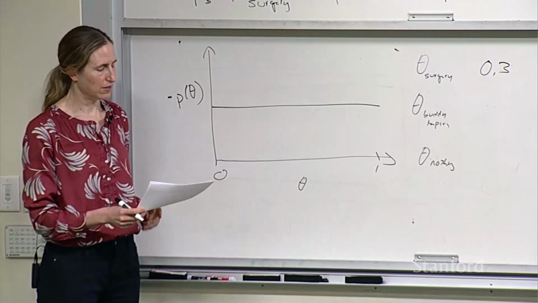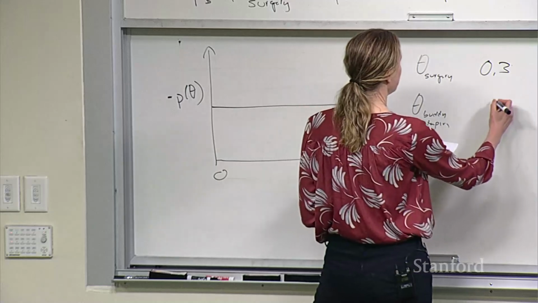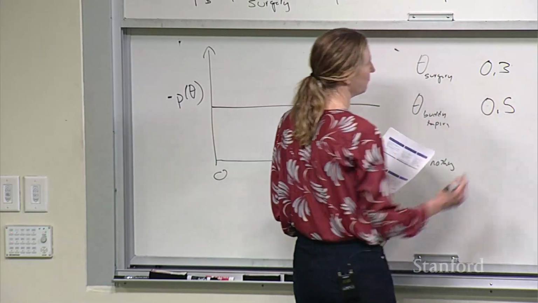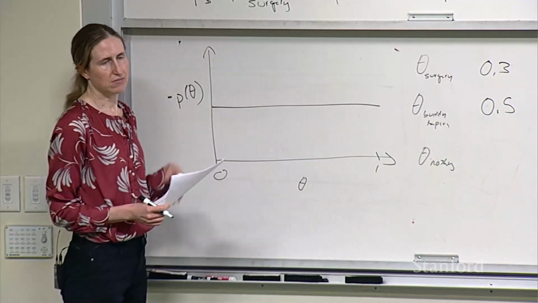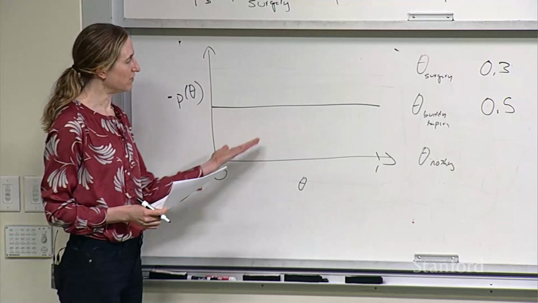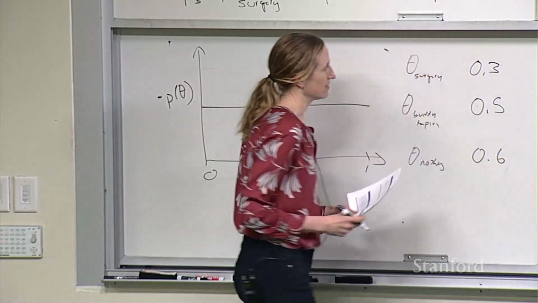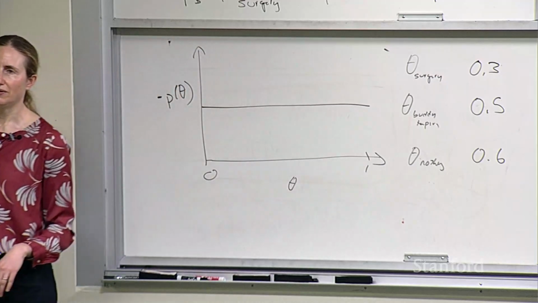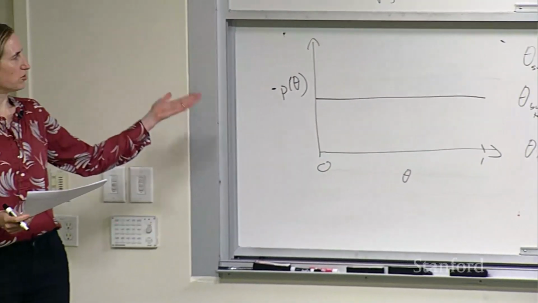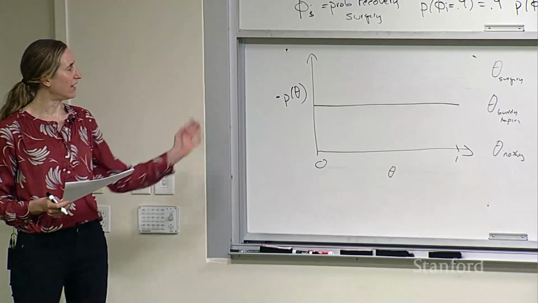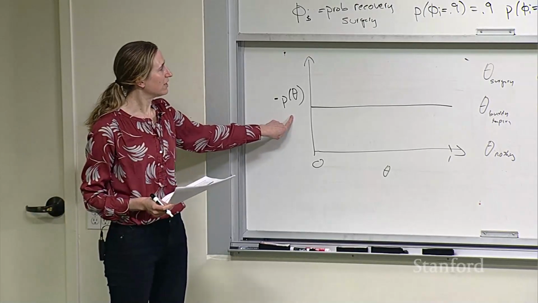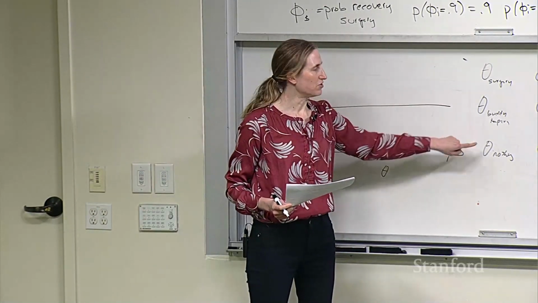Then, for buddy taping, let's say I sample 0.5. Again, totally reasonable. And for do nothing, I'm going to sample 0.6. So this is a particular set of parameters I could sample from my prior over the parameters.